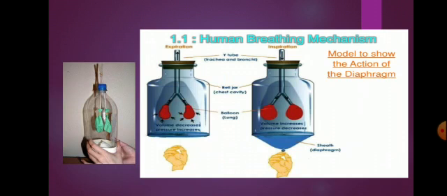A glass tube branching into two smaller tubes at its lower end is fitted to the mouth of the bell jar with the help of a cork. Two balloons are tied at the two ends of the tube. A thin rubber sheet is tied around the open bottom of the bell jar.